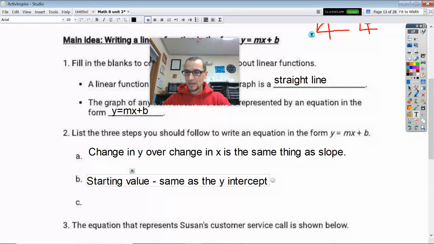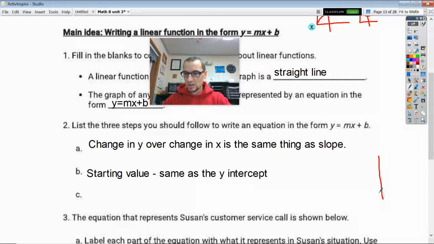So what does that look like? The starting value looks like this spot right here if the graph goes like that. And that's the y-intercept. The y-intercept is the same thing as the starting value, and the change in y over the change in x is the same thing as the rise over the run. It's the slope.